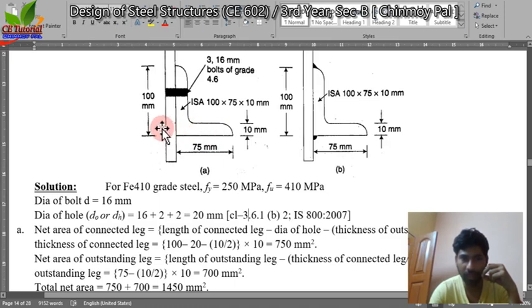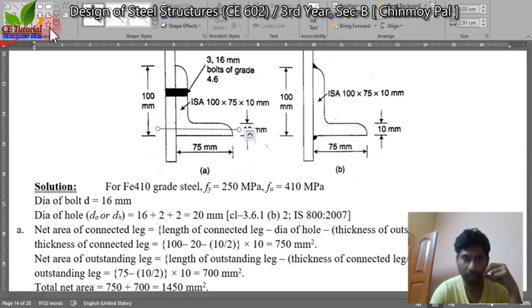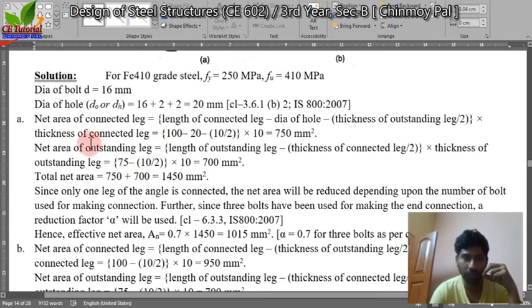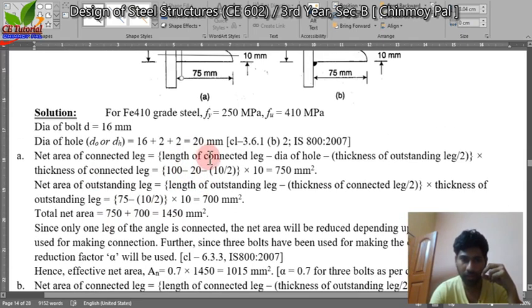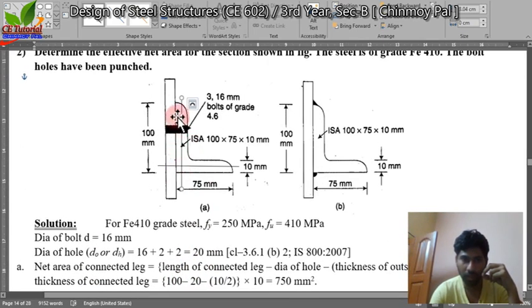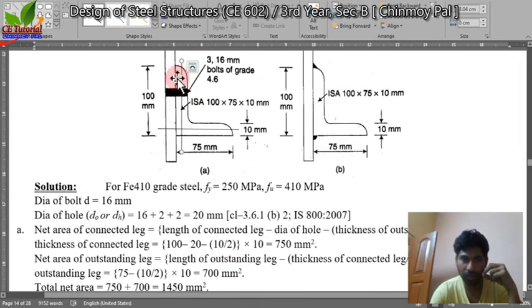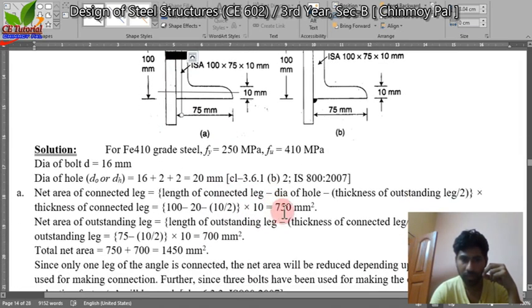If I draw a center line here, suppose this is one center line and this is another center line, so we are considering up to this point, 10 by 2, into thickness. So 100 minus 20 minus this 5, 10 by 2, into this thickness 10 is equal to 750 millimeter square.